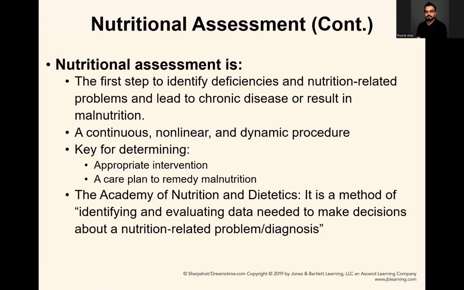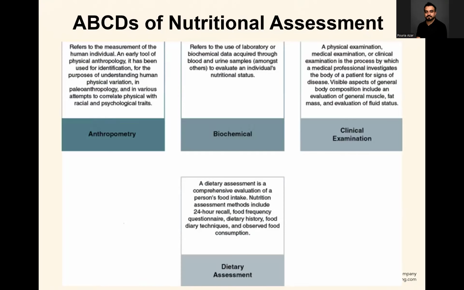And according to the Academy of Nutrition and Dietetics, nutritional assessment is defined as a method of identifying and evaluating data needed to make decisions about a nutrition related problem or diagnosis. These are the main four dimensions of nutritional assessment.